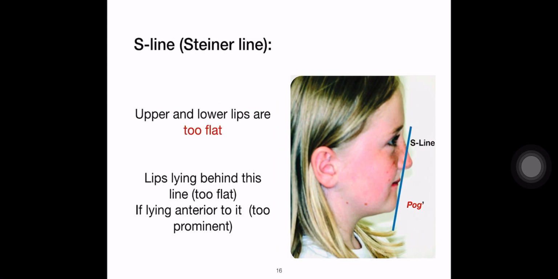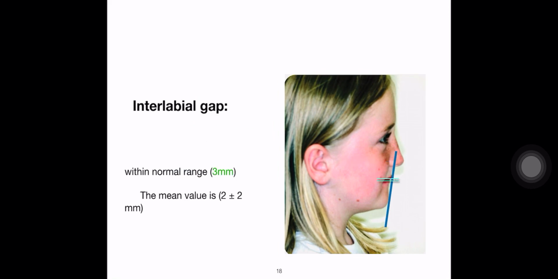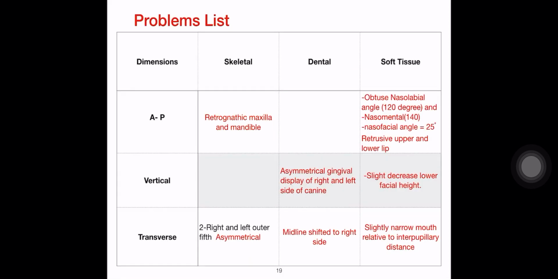In my case, she has flat upper and lower lips, because they are lying behind this line. Merrifield Z line, it is within the normal range. Interlabial gap, it's the vertical distance between the upper and lower lips, and it is within the normal range.